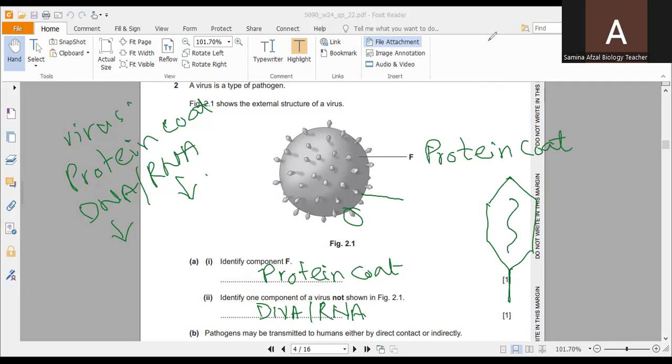If they have single strand, it can be the RNA. If they have double strand, it means they have DNA. So they have not shown this DNA because they have shown only the outer structure of the virus. So the outer structure is showing only the protein coat.